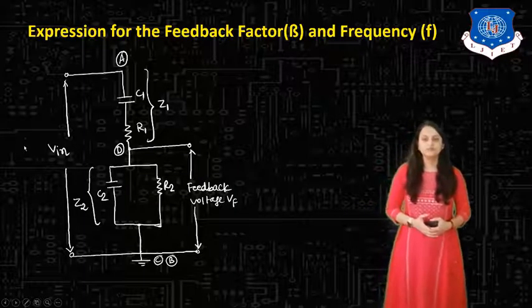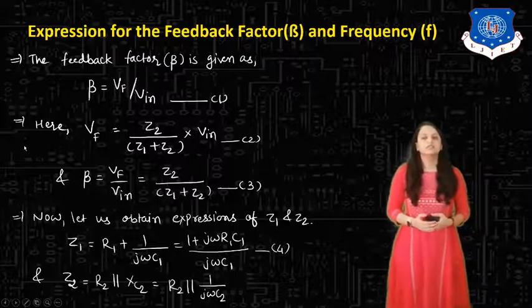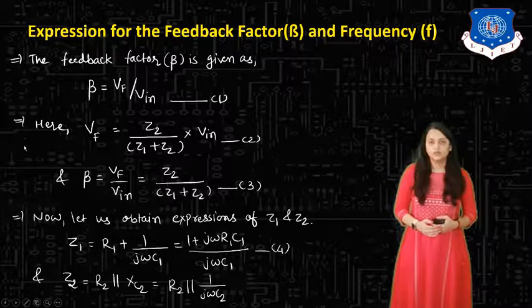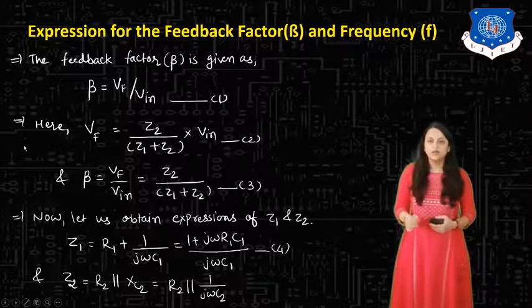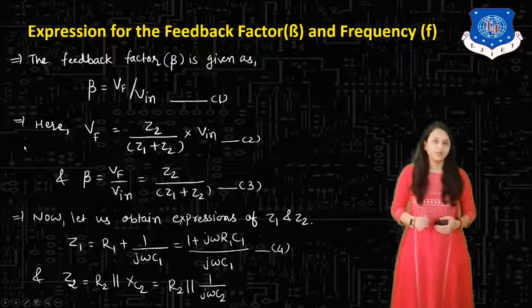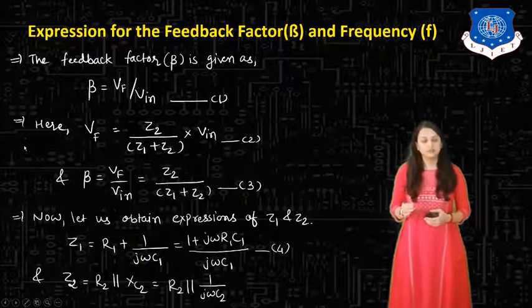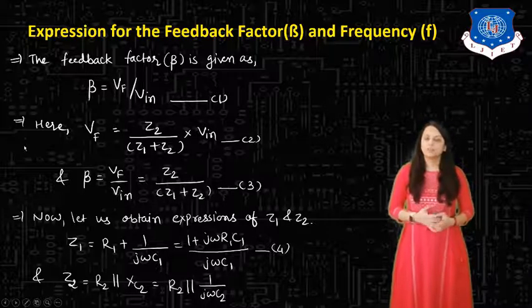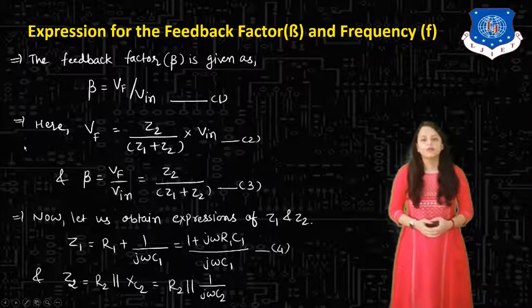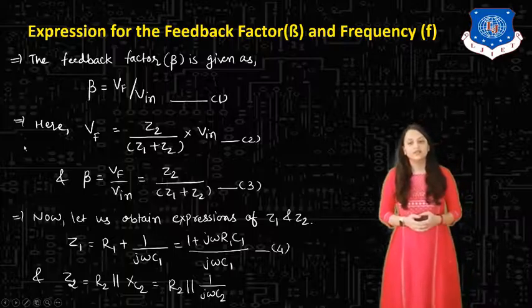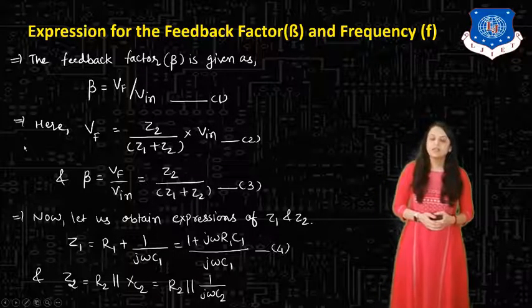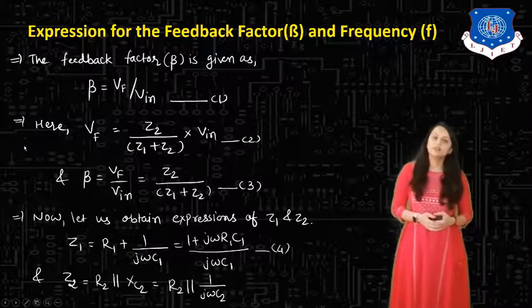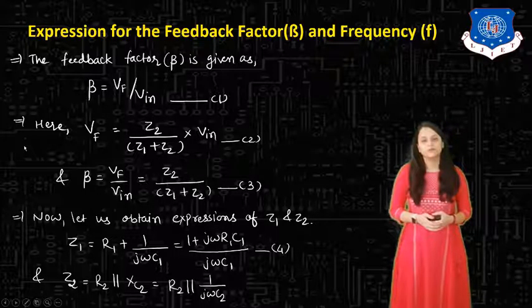Now let us see what is the feedback factor. Feedback factor formula is: beta equals Vf by Vin, where Vf is feedback voltage and Vin is the input voltage. Let us give this as equation number 1. Now, here Vf, that is feedback voltage, is given as Z2 upon Z1 plus Z2 into Vin.